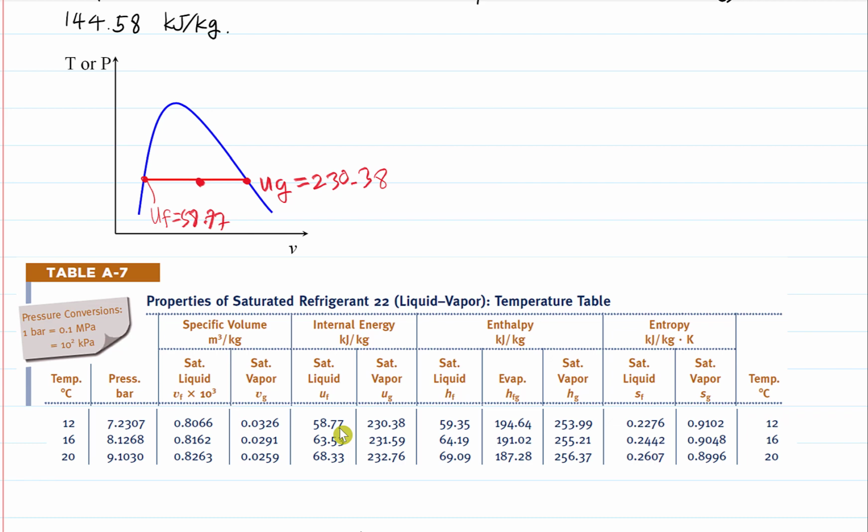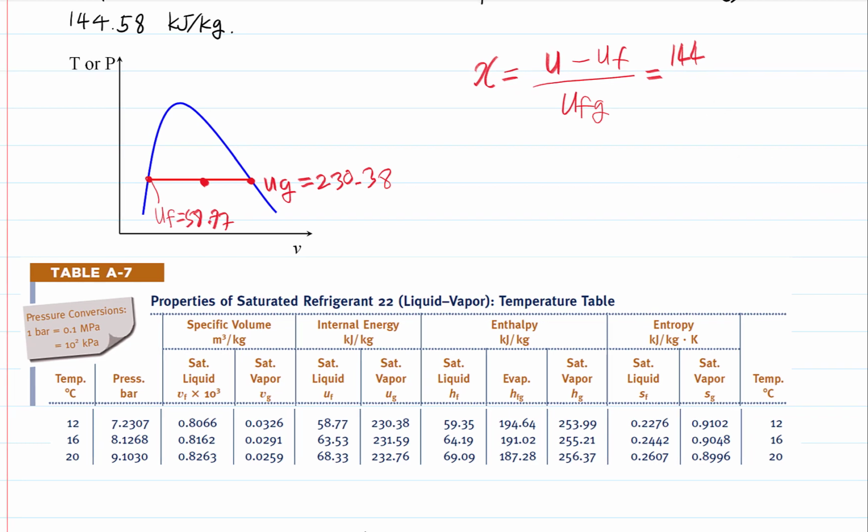So we need to determine the quality of the mixture. So the quality of mixture can be written for internal energy, u minus uf over ufg. And this equals quality 0.5.